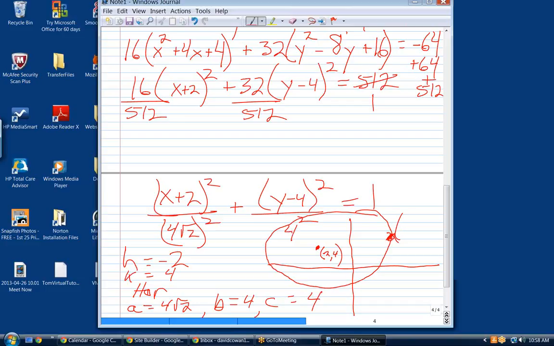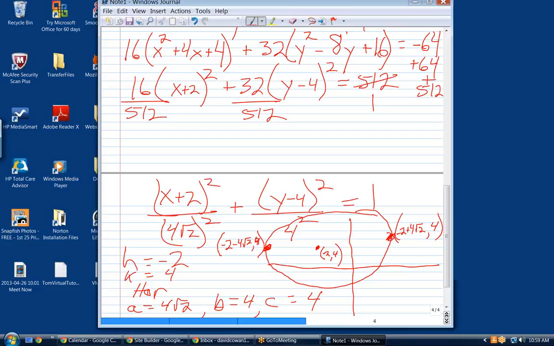Here's the way to write it: start from the center, minus 2 plus 4 root 2. That's the x coordinate. Y coordinate is 4. Okay, this vertex over here is minus 2 minus 4 root 2 comma 4.